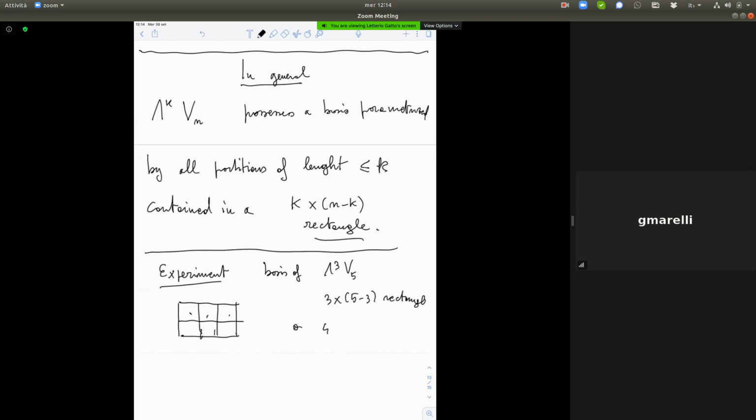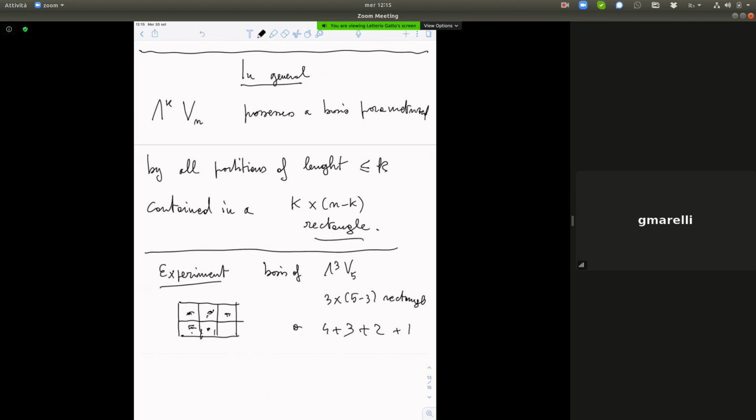Then I have the partition 1, 1. Then the partition 2, 1. Then the partition 3, 1. And then I have 3 more partitions. Then I have the partition 2, 2, 2. And then 3, 2. And finally, I have no choice, the partition 3, 3. And this is one more partition.